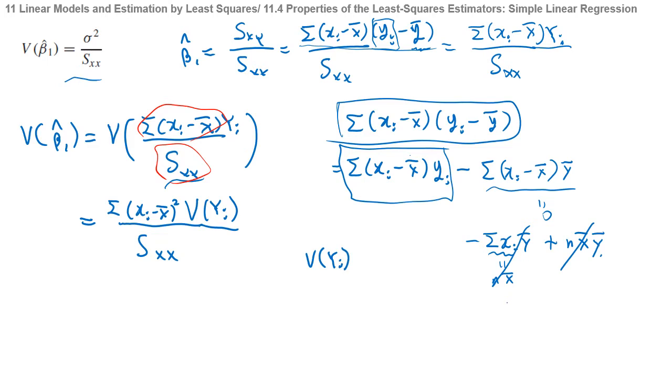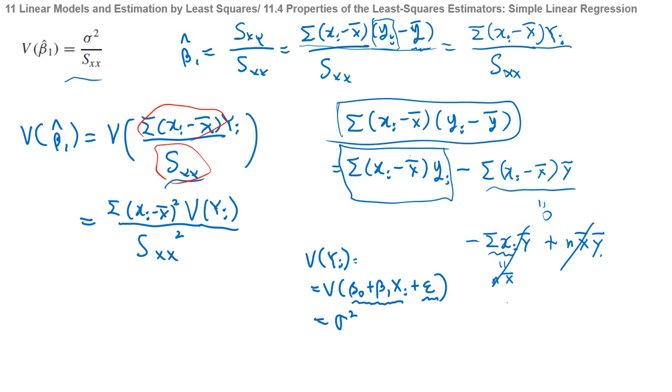Here, the variance of yi is the variance of beta 0 plus beta 1 xi plus epsilon. This part is constant, and the variance of epsilon is sigma square. So the variance of yi is sigma square. Oh, actually this one is squared, so the constant goes out with a square term.